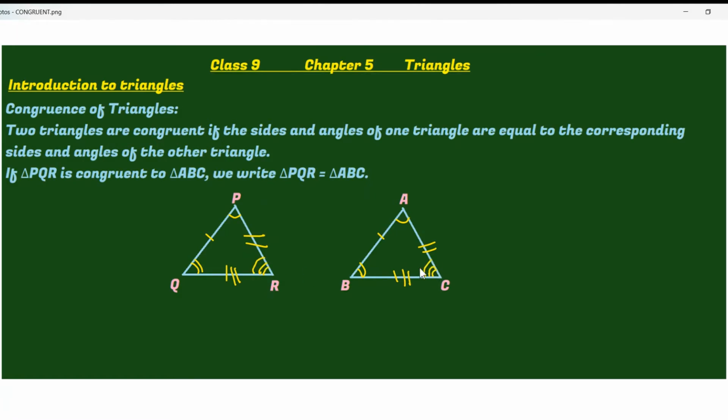Now you can see PQ is equivalent to AB, PR is equivalent to AC, QR is equivalent to BC, and angle P is equivalent to A, angle Q is equivalent to B and angle R is equivalent to C. So we can say now these two triangles are congruent. If these two triangles are congruent, then we can say the areas of these two triangles are equal to each other.